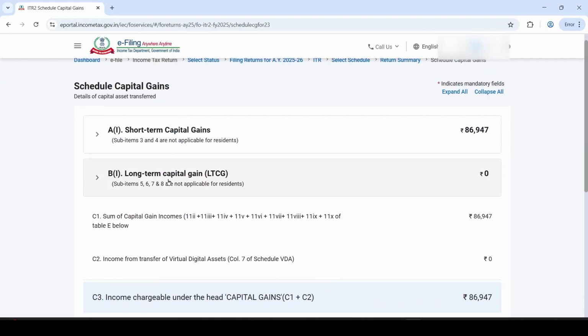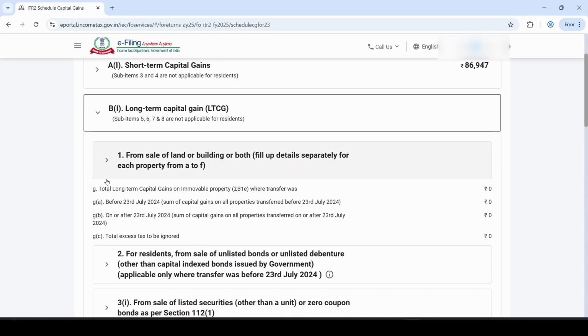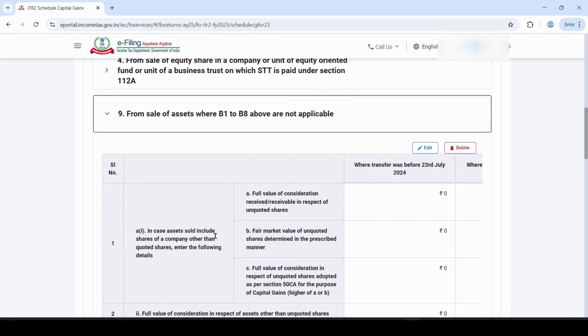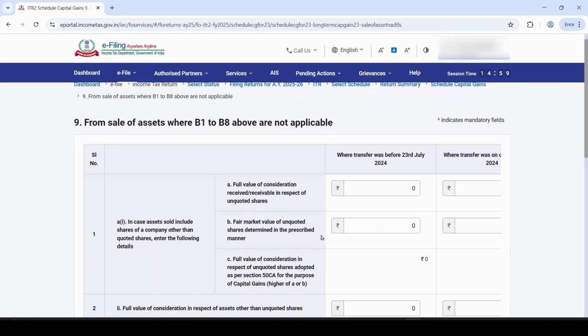Now for declaring long-term capital gain on foreign shares, click on B. Click on point number 9, from sale of assets where B1 to B8 above is not applicable. Click on edit.